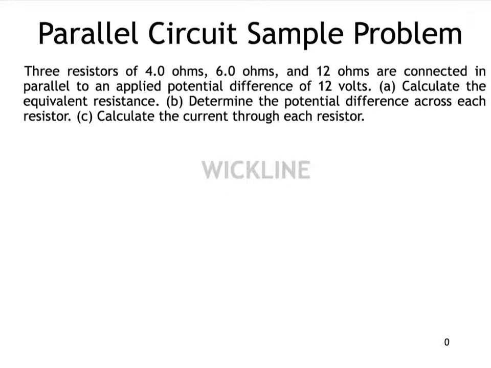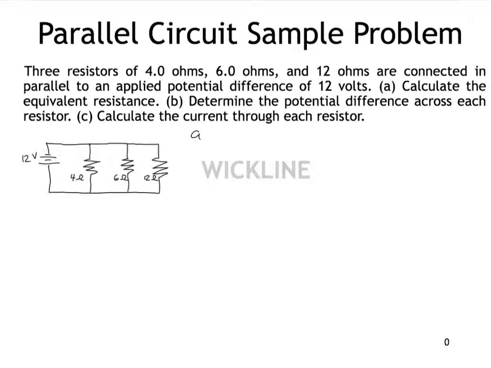Alright, let's do a sample problem for a parallel circuit. 3 resistors of 4, 6, and 12 ohms are connected in parallel to a potential difference of 12 volts. So there's my diagram that helps me understand what's going on. In part A, it asks me to calculate the equivalent resistance. For a parallel circuit, the equivalent resistance is going to be calculated like this.